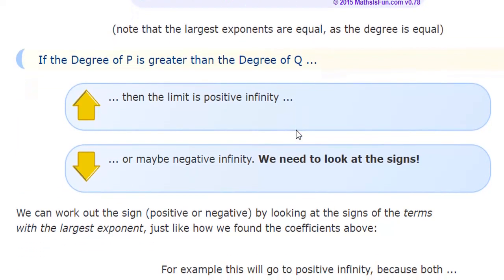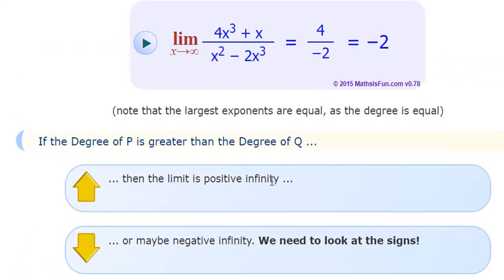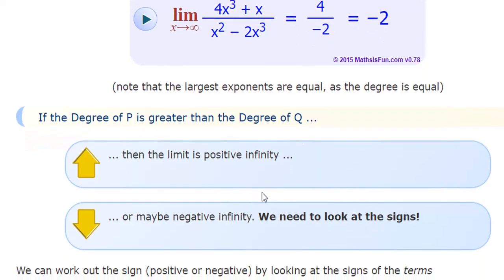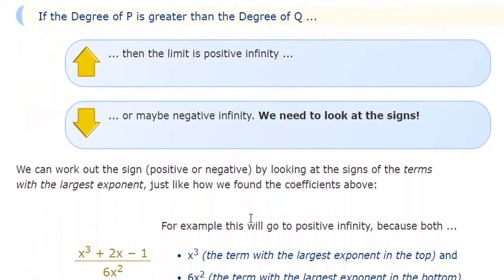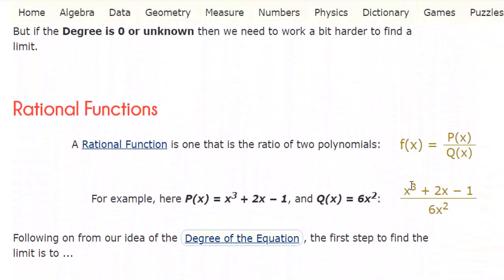And last scenario here is if the degree of P is greater than the degree of Q. Okay, so unsa may pasabot ana if ang imuhang degree sa numerator greater than the denominator. So, two possibilities ang result ana nga limit. One is the limit is positive infinity and the other one is negative infinity. So, tan-awon ra nimo na ang sign. So, balik ta ari nga example.